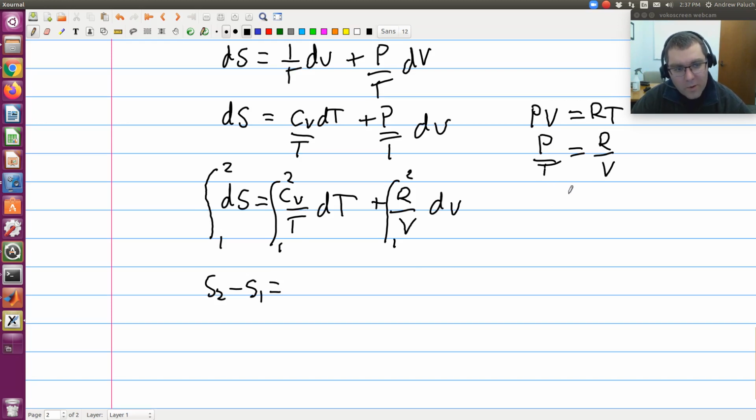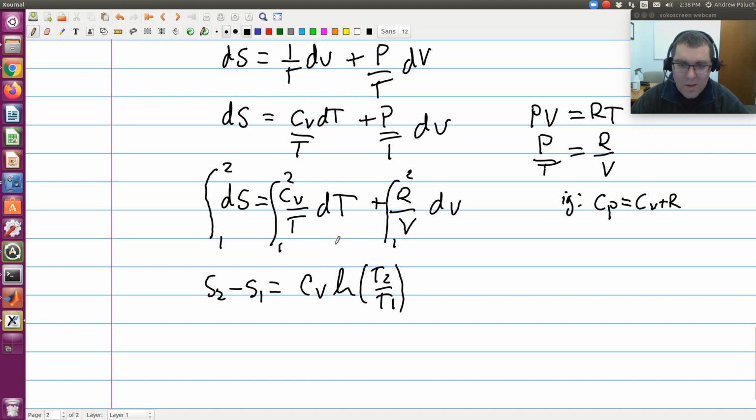What's important to remember is that for an ideal gas, Cp is equal to Cv plus R. So Cv would be Cp minus R. Since Cp is constant, Cv is constant, so I could pull that out of the integral. Then the integral from 1 to 2 of 1 over T dT would be log T2 over T1.